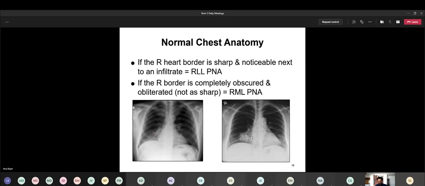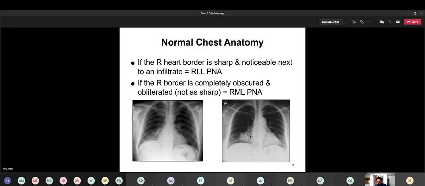And you could still see the edge of the heart. So here's the right atrium, and then this would be the right ventricle down here. Well, all this is right ventricle because the heart is rotated to the left. So all this is right ventricle, and then on that side would be the left ventricle and the left atrium. But this will lead you to suspect that there is possibly a pneumonia, and it's in the right lower lobe.